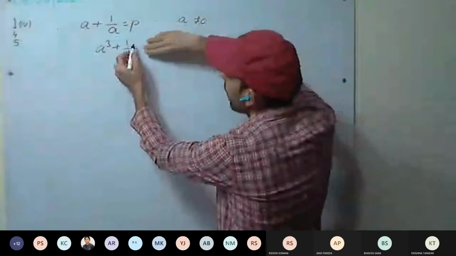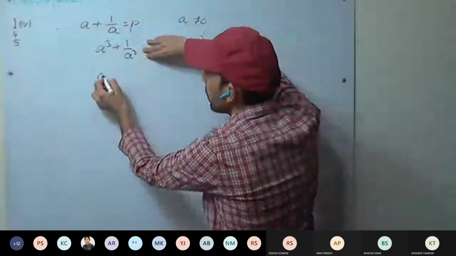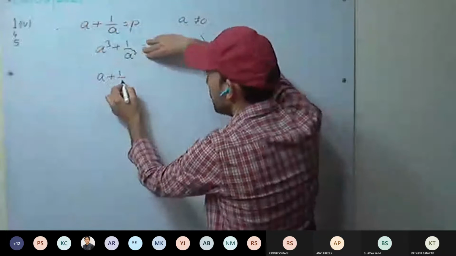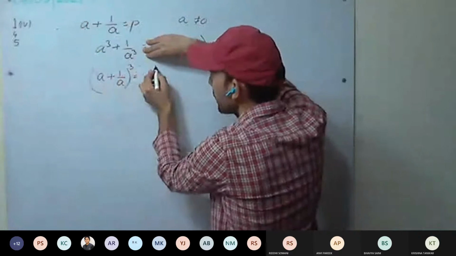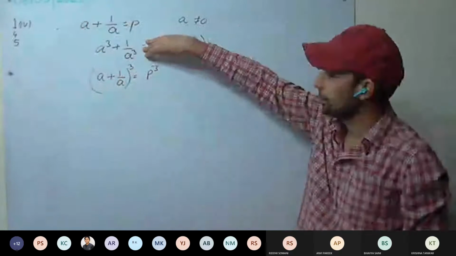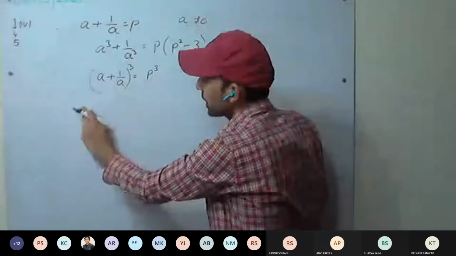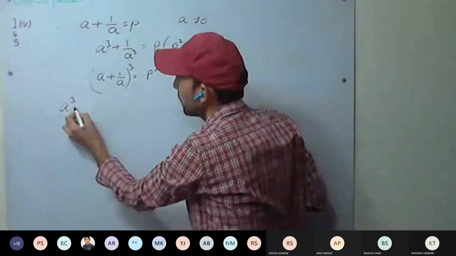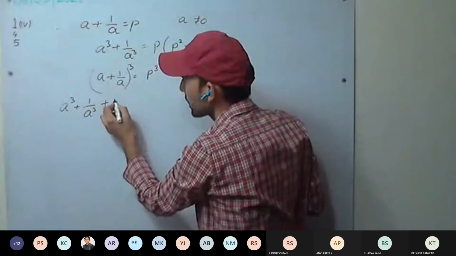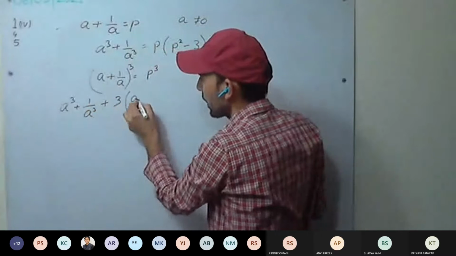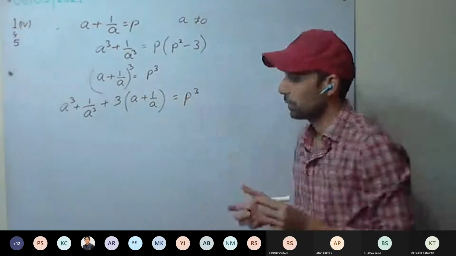So forget about this. How do we calculate this one? If this is given, cubing on both sides, we get (a plus 1 upon a) whole cube equal to p cube. Now expand this one: a cube plus 1 upon a cube plus 3 into a plus 1 upon a equals p cube.